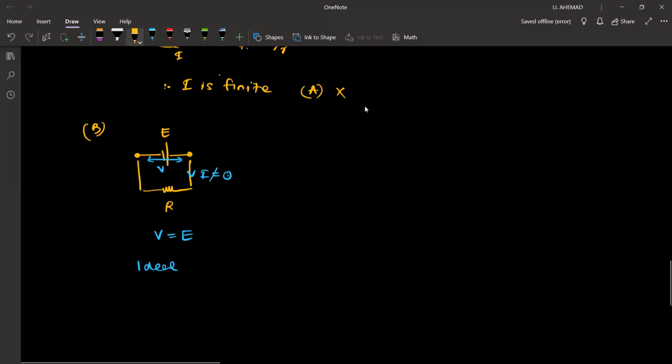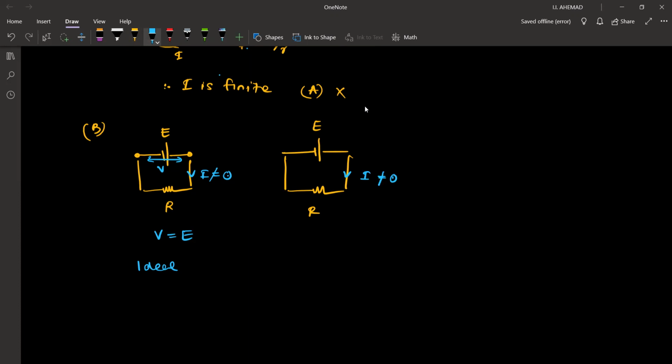But if we consider the real case, this is R, this is E. Because there is a closed circuit or a closed loop, I is not equal to 0.